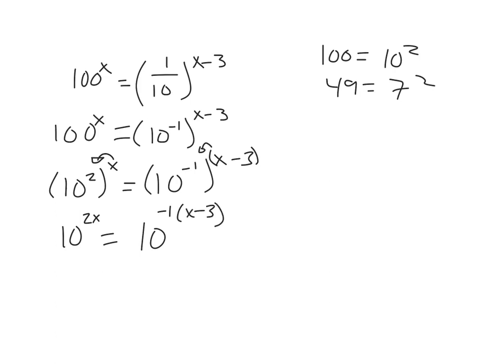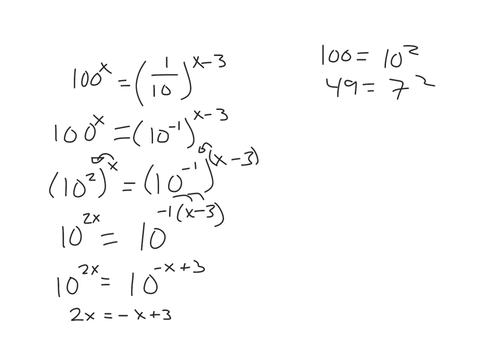Now, I'm drawing a lot of steps to show everything, but the idea is this then gets distributed in. And I have 10 to the 2x is equal to 10 to the -x plus 3. Now, we have bases being the same. They will simplify out, and I have 2x is equal to -x plus 3.